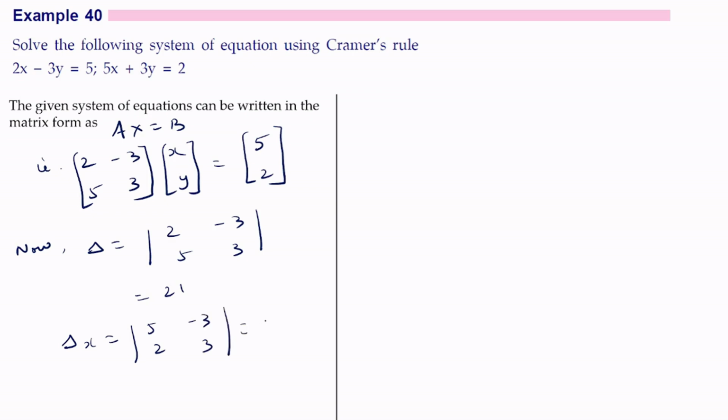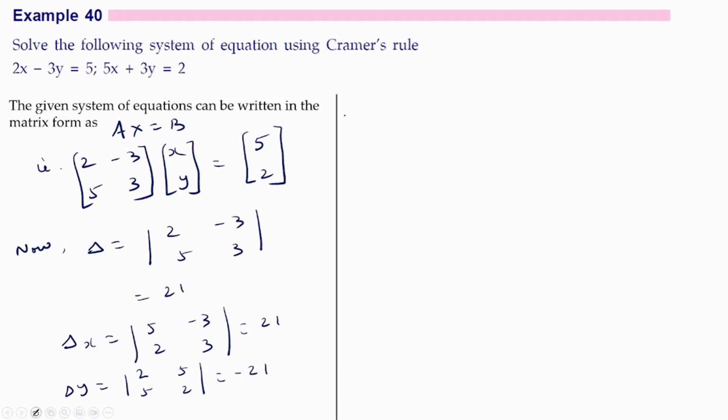This is 15 plus 6, which is again 21. Next we have delta y. You have to remove the coefficients of the y terms and substitute the constants. So it is the determinant of 2, 5, 5, 2. So this is 4 minus 25, which is minus 21.